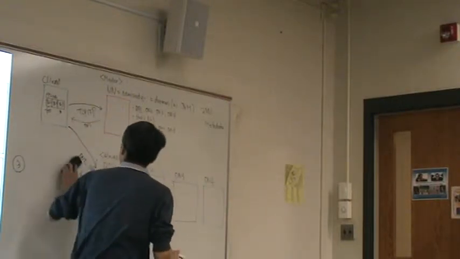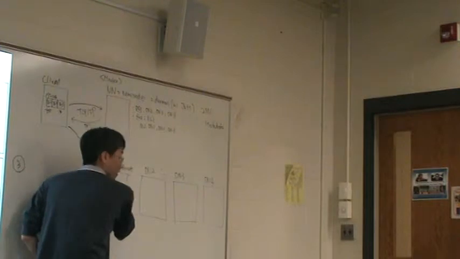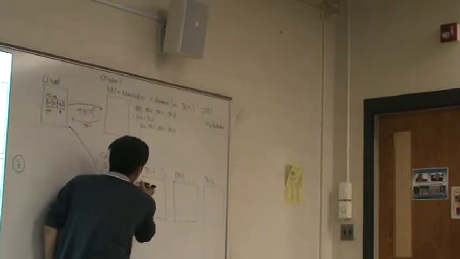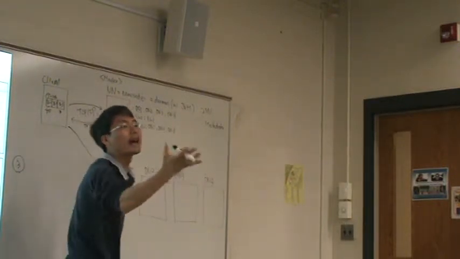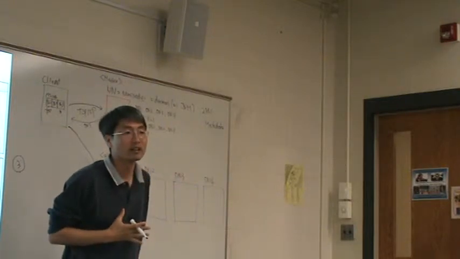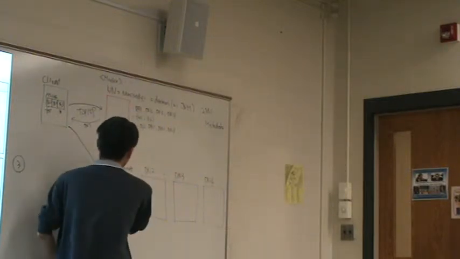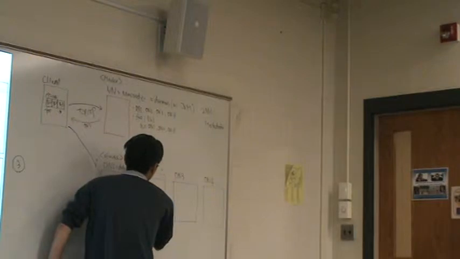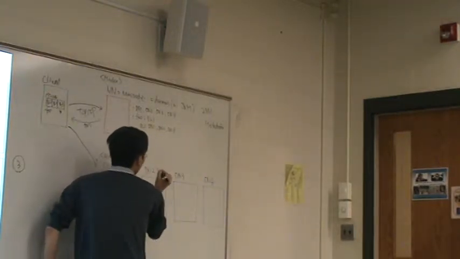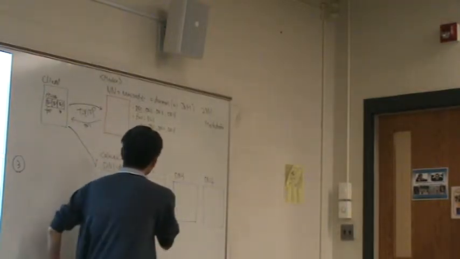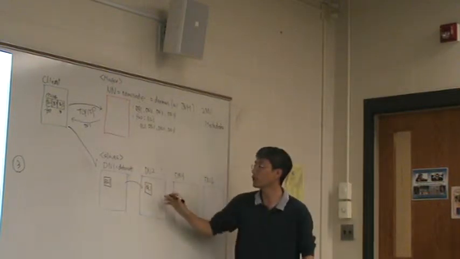So once copying is started, DN1 contacts DN2: you should get this data. So block 1 will also be copied here.